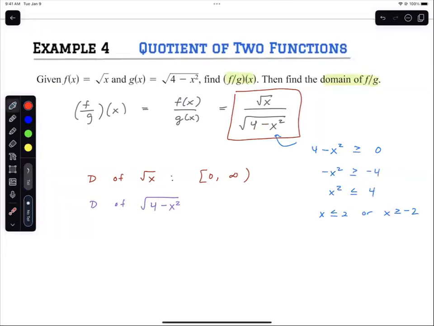So x is less than or equal to 2, and x is greater than or equal to negative 2. So it's in between those two numbers. So the domain of this function is negative 2 to 2.